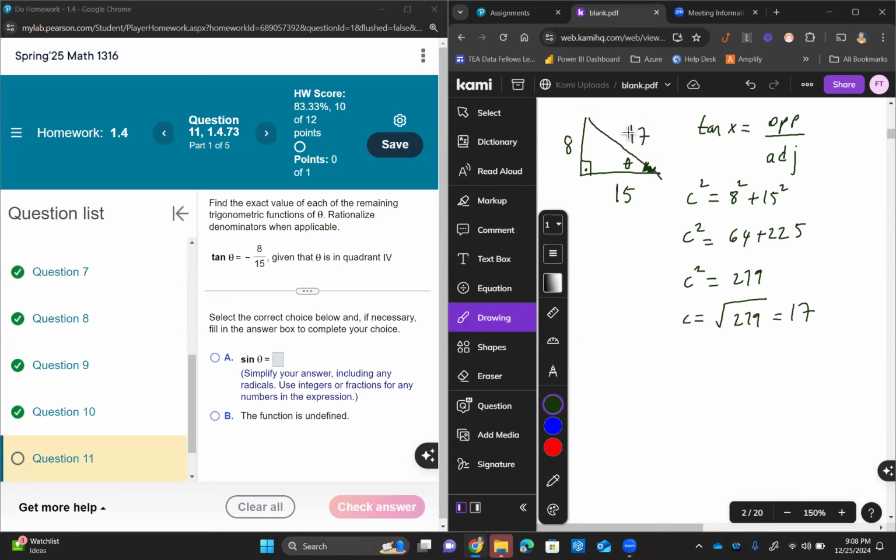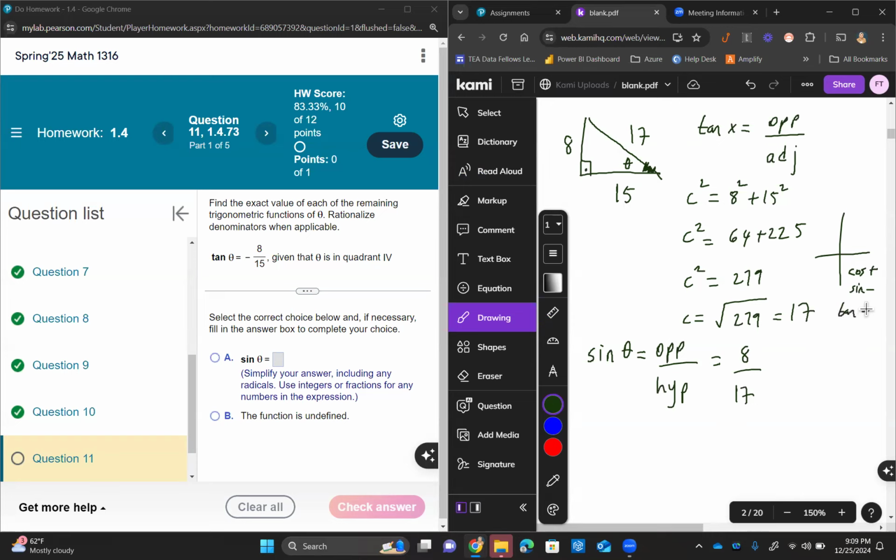Now I have all the dimensions here, and I can use SOHCAHTOA to answer the rest of the trig functions. Sine of any angle is opposite side divided by hypotenuse. So opposite of theta we have 8, and the hypotenuse is 17. I just have to think that in quadrant 4, cosine is positive, but sine is negative.